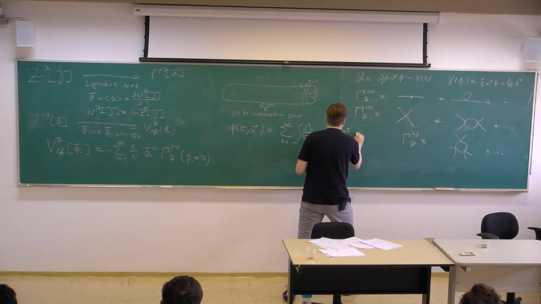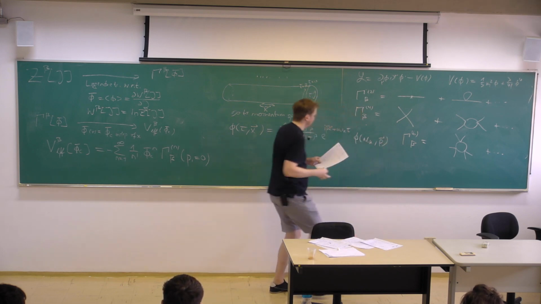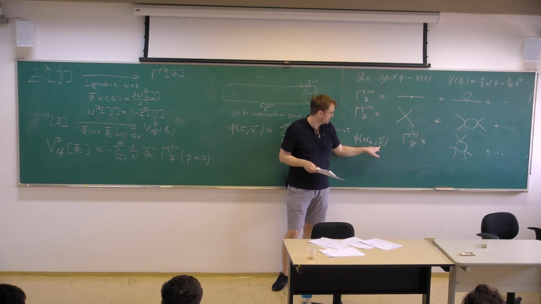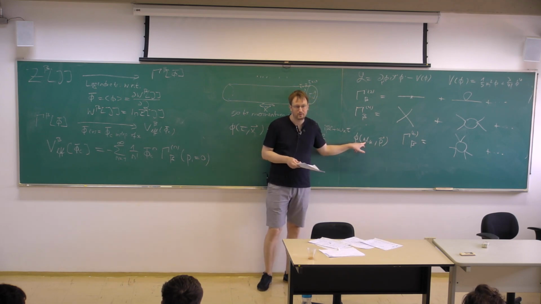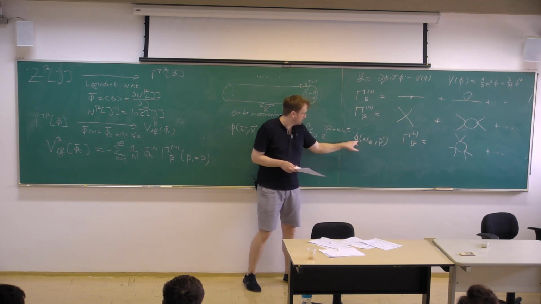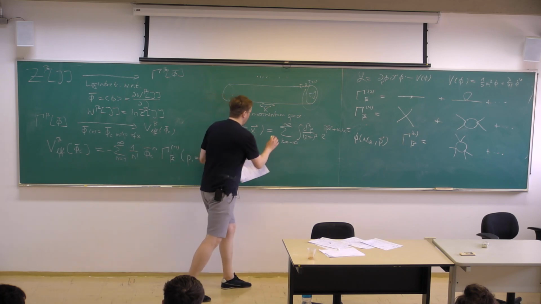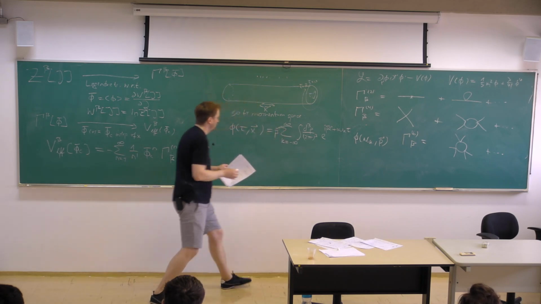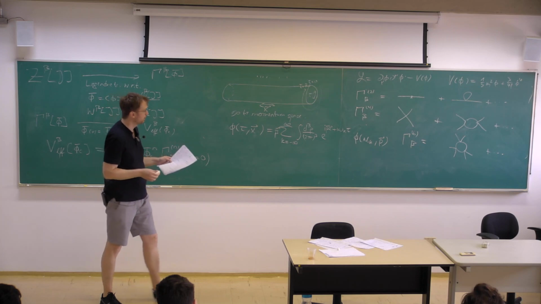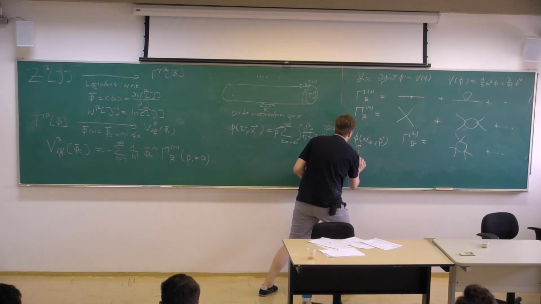And then I have the field in momentum space. This now depends on the momentum and this discrete set of modes. In principle, I could just use the k here as a label. And then there is a factor of beta to the minus 1 in front, just for dimensional reasons. And these are the so-called Matsubara modes.